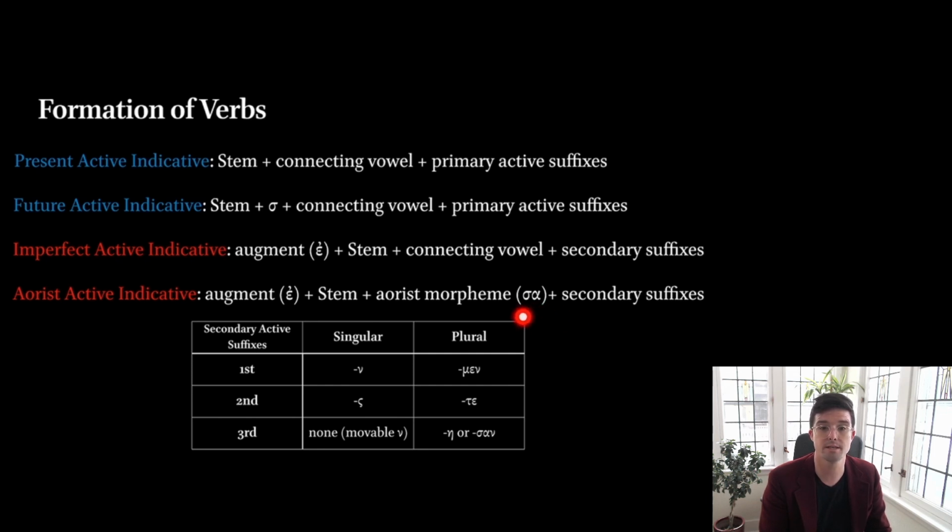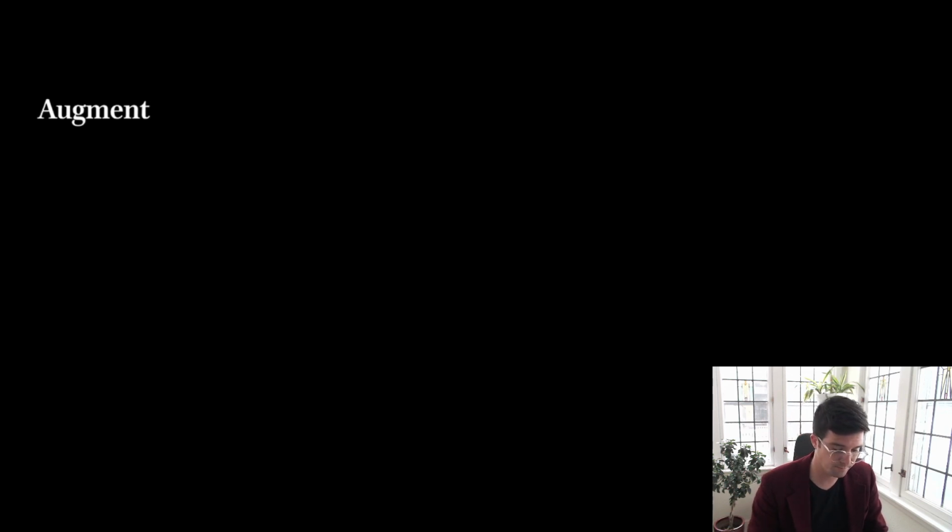So when you see a saw in the middle of a word, followed by these secondary suffixes, you know you are in the first aorist tense, and the action is simple or viewed as a single point.